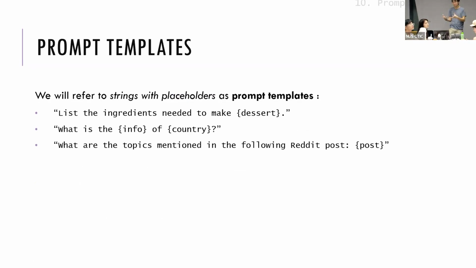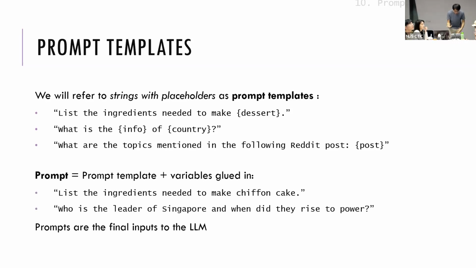They're not the prompt itself, they are the template for the prompt. After you insert the variables, it becomes the prompt. So a prompt is the prompt template along with the variables glued in. These prompts will be the final inputs to the LLM. So we have prompt templates with placeholders, you fill in those placeholders, you get the prompt, and that's the input to the LLM.